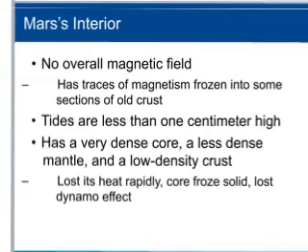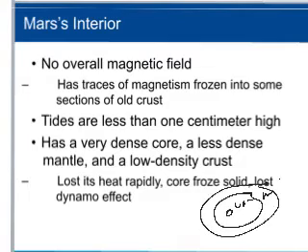The tides on Mars are less than 1 centimeter high, so you don't get the big tidal waves that you get on Earth. And Mars has a very dense core, but then a less dense mantle and a very low density crust. So again, let's refresh our memory here. We have the core, and then we have the mantle, and then we have the crust.